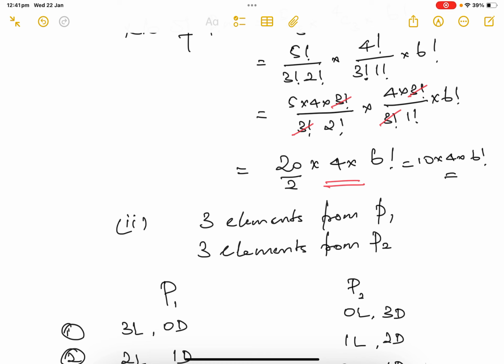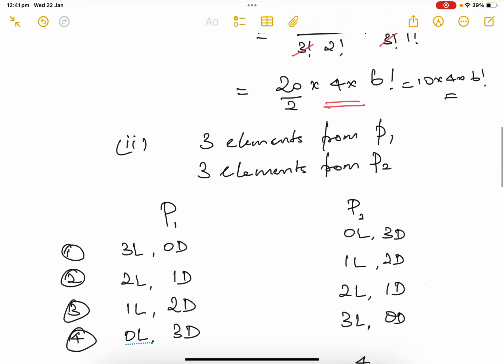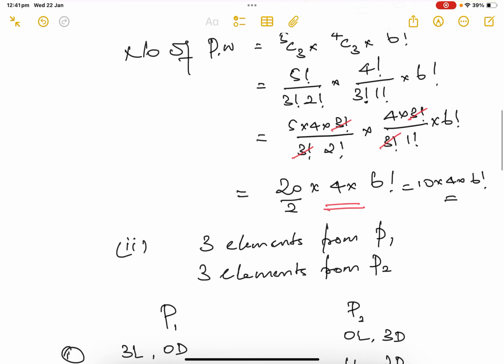The second question says 3 elements; it doesn't say 3 letters or digits, just 3 elements. It could be letters and digits, any combination. So 3 elements from P1 and 3 elements from P2. We have 5 letters and 4 digits.